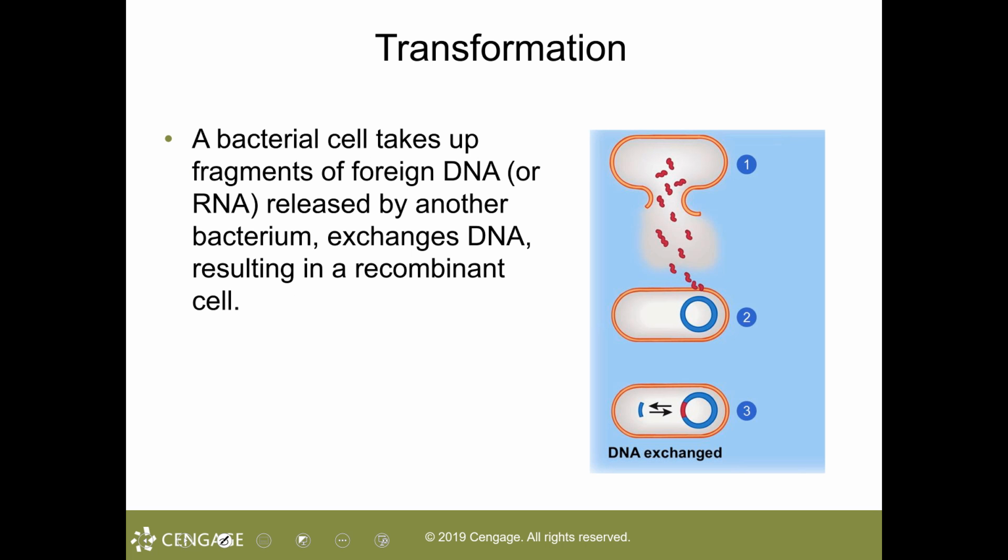So transformation, class, as it occurs, this is when you have bacteria DNA, plus, of course, DNA of another source. So the bacterial cell takes up DNA fragments of foreign DNA or RNA released by another bacterium, and then it exchanges that DNA in that resultant recombinant cell.